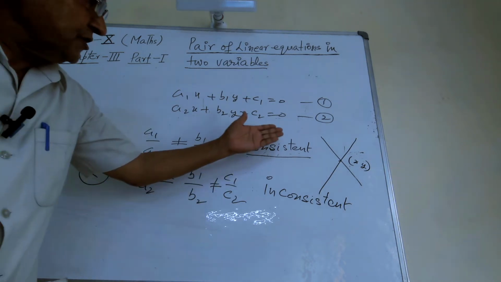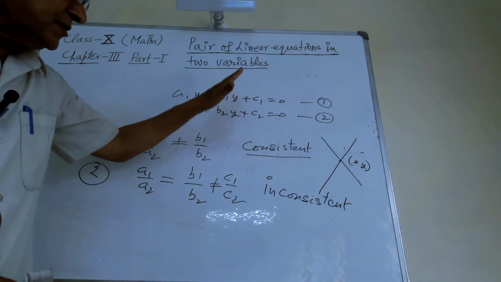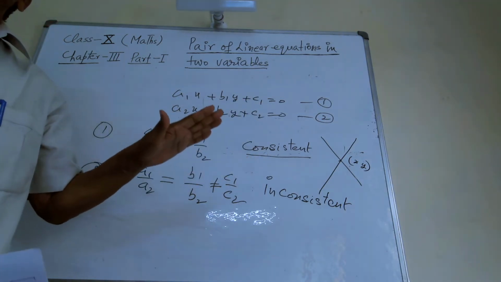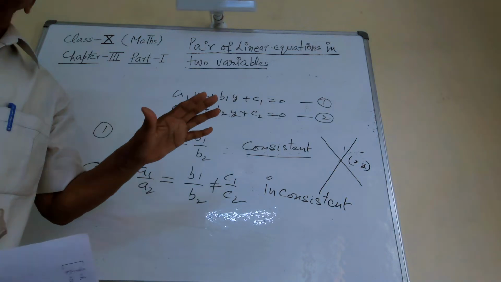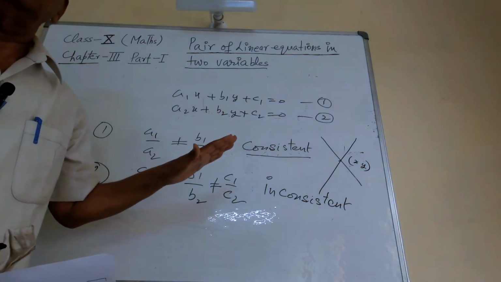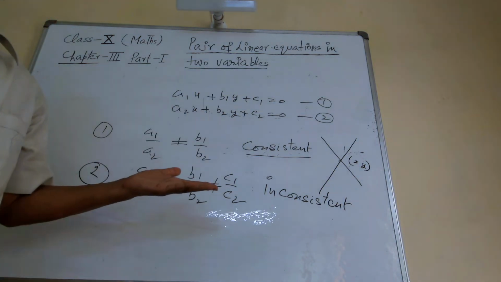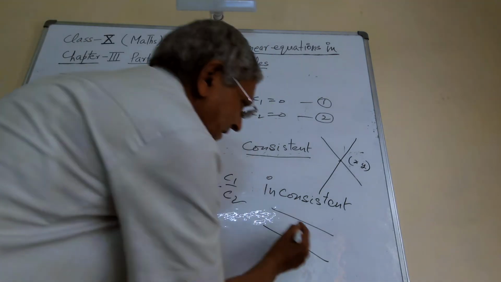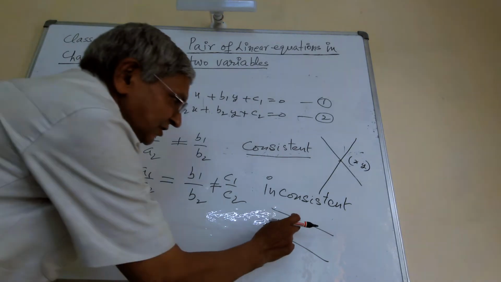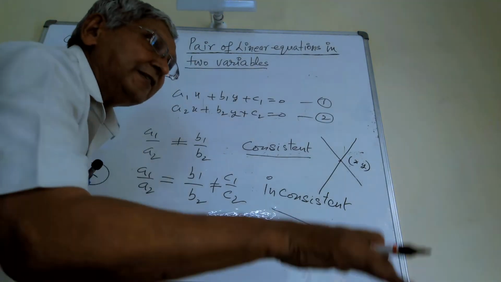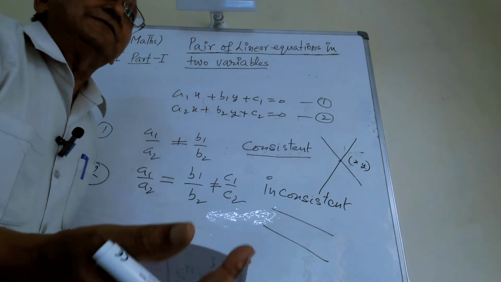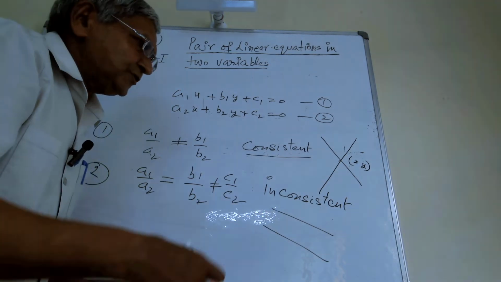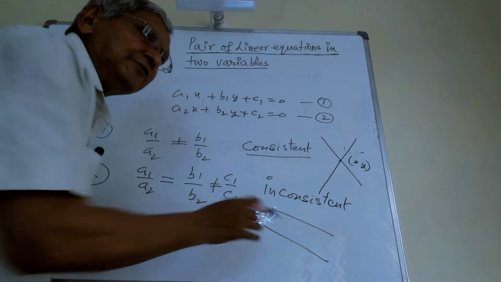When you plot these equations in the graph, you will get two parallel lines. When these lines do not intersect at any point, you cannot get the solution, because there is no intersecting point.